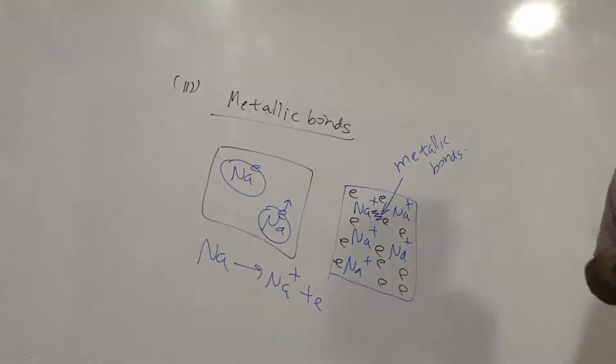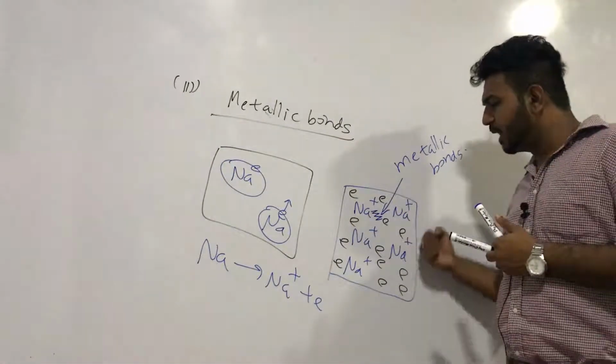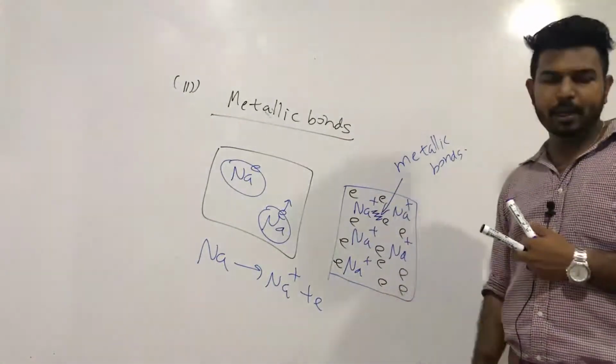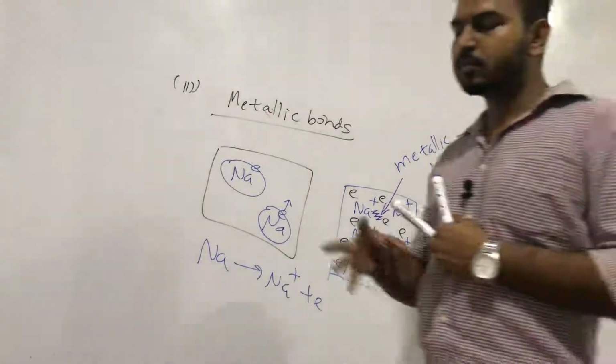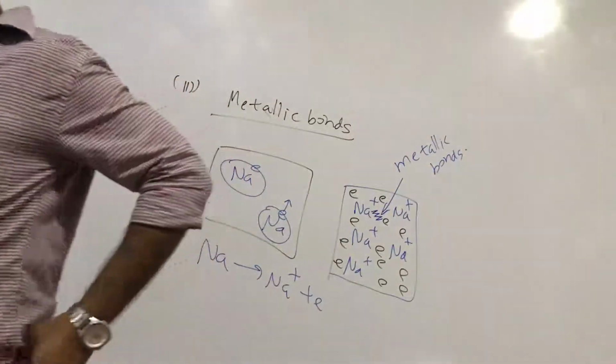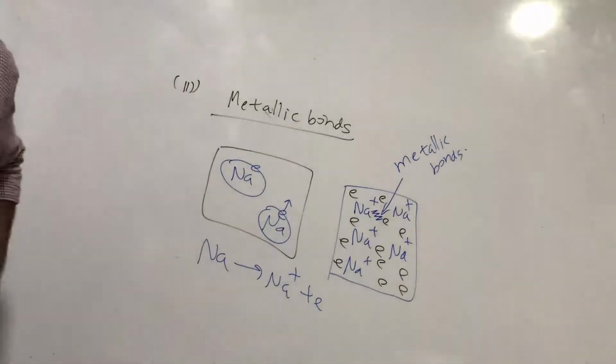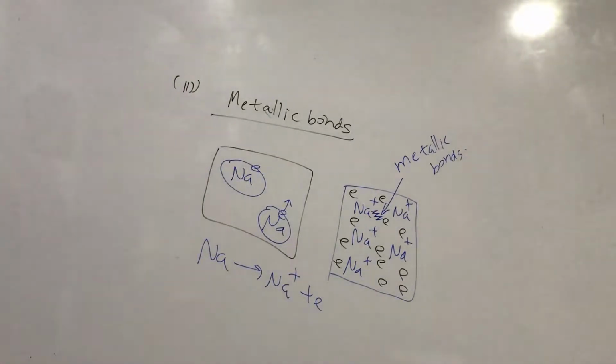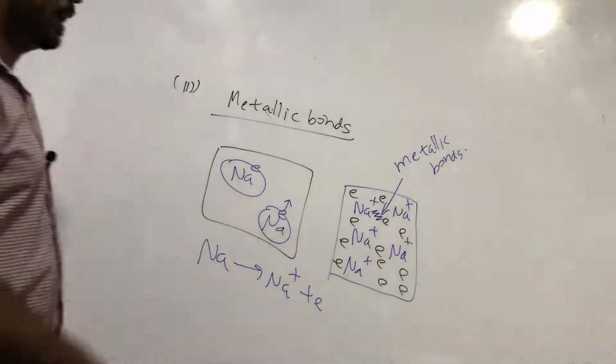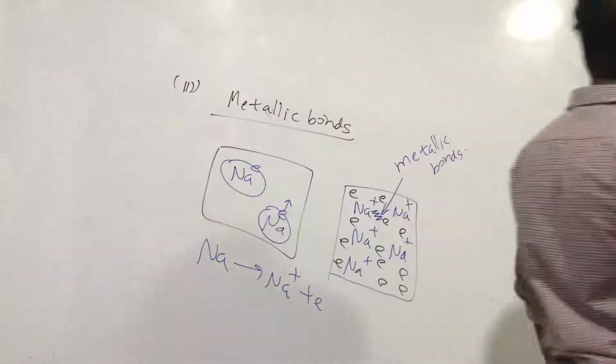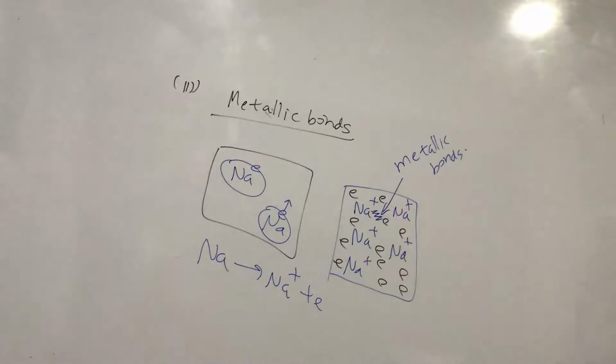Since there is an electron pool inside, metals can conduct electricity and heat very easily. You should remember that since metals contain a pool of electrons, they can conduct electricity very easily.